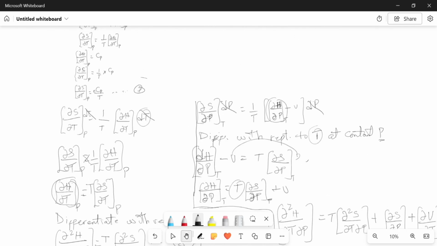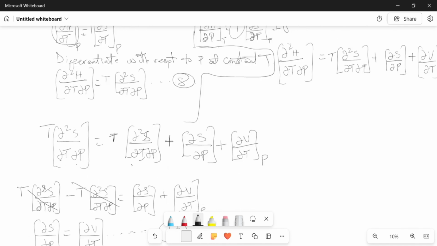From equation 7, we denote that ds over dt is equal to what? ncp over t. Let me write it out.